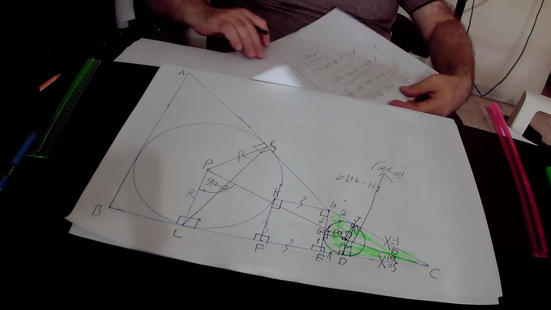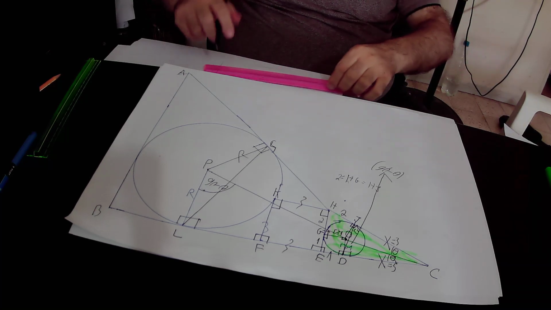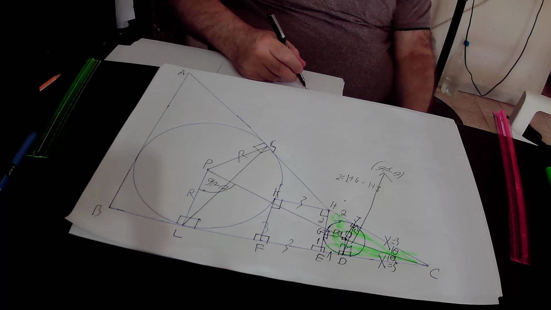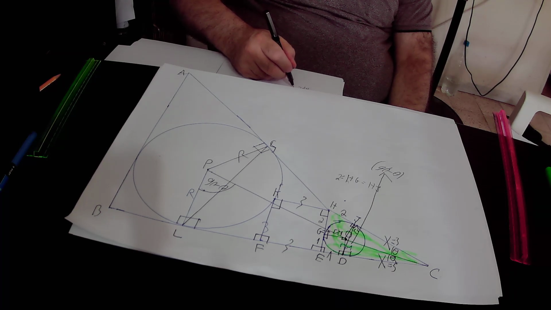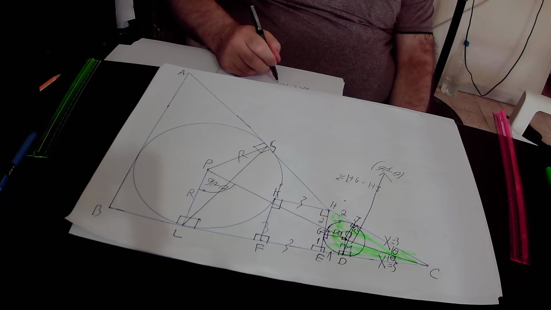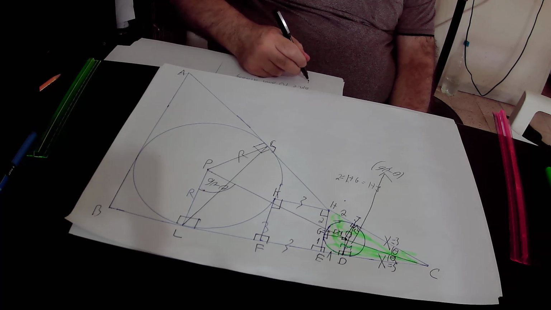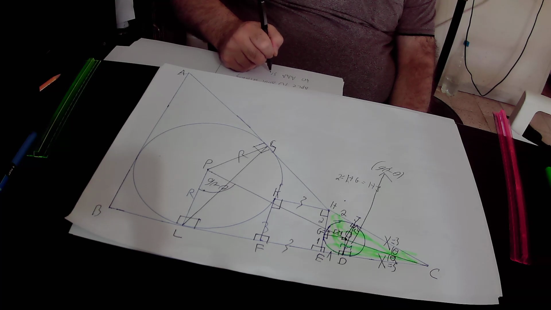So I write it down. Triangle PLC, the big right triangle, is similar to the small green right triangle, triangle ODC, according to the angle similarity rule.